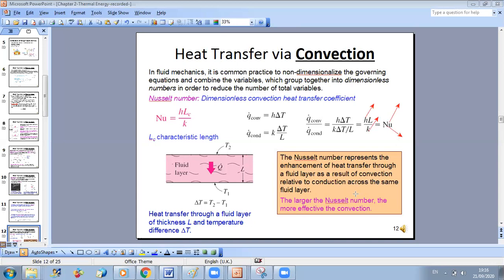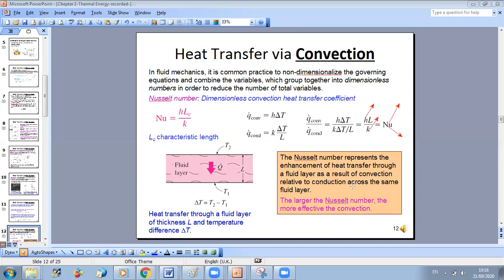So the Nusselt number represents the enhancement of heat transfer through a fluid layer as a result of convection relative to conduction across the same fluid layer. The larger the Nusselt number, the more effective the convection.